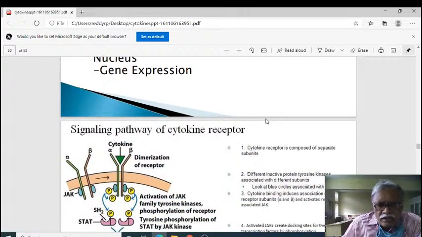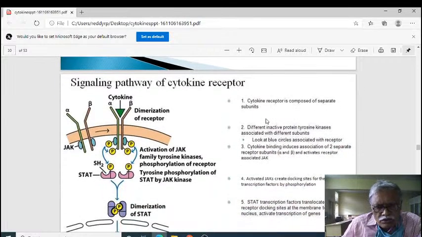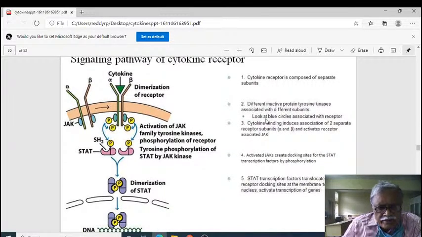So in the signaling pathway of the cytokine system, due to dimerization, the cytokines get attached to the cell membrane, and alpha and beta interferons bind the JAK receptor on the cell surface.